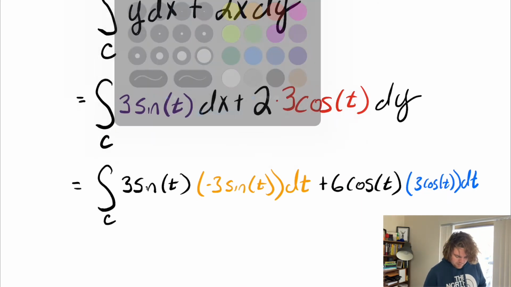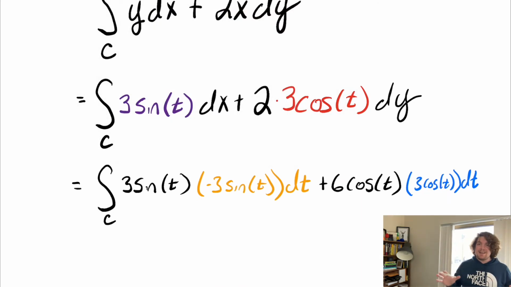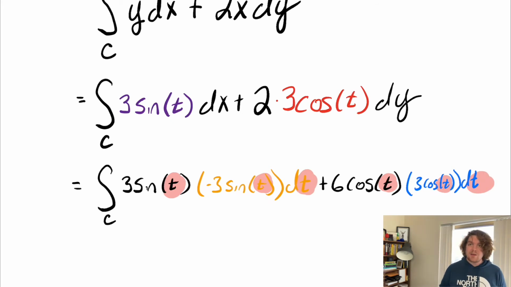So now we actually have an integral in terms of a single variable t. Notice we no longer have x's, we no longer have y's, we only have this variable t. So all of our functions are functions of t, and we are only integrating with respect to t.